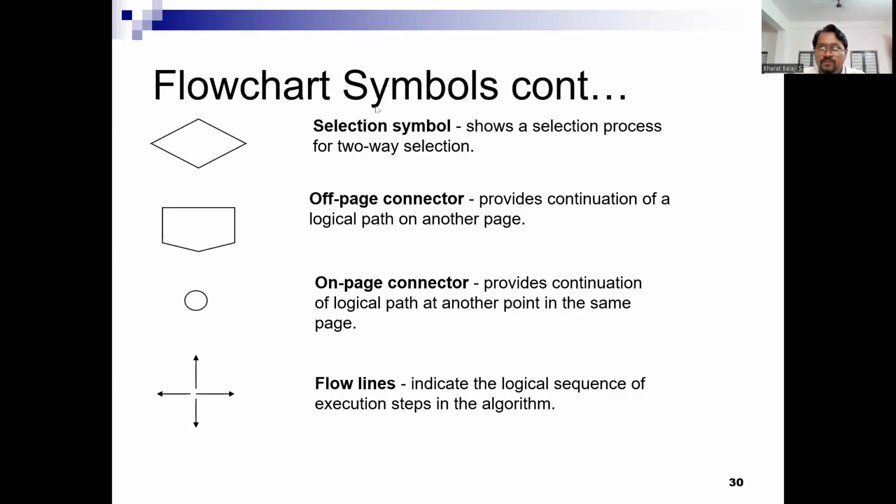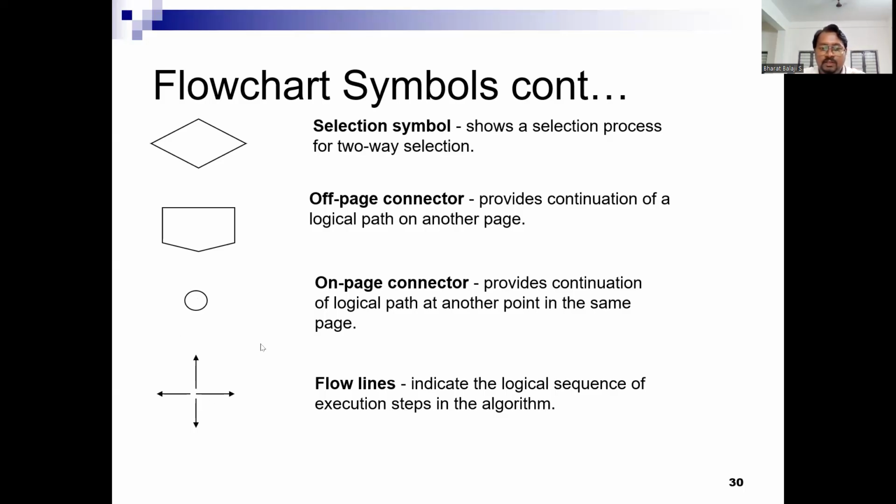If one page is full with a flowchart and you want to draw the other half on the next page, then we end with a numbered or alphabetical connector, and on the new page we start with that same number in the circle.